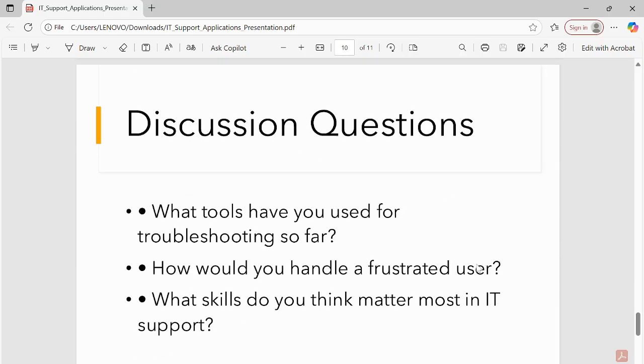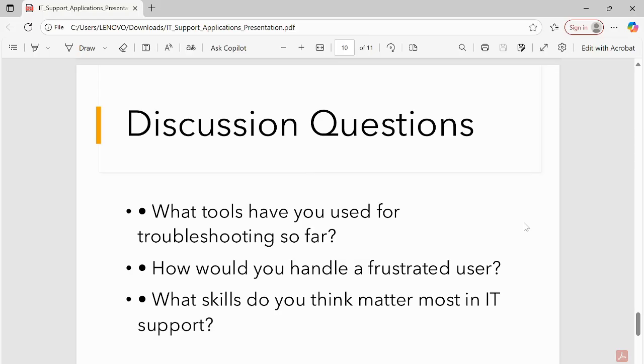So, discussion question. I would like, if you are working in IT support, or if you understood what I have discussed so far, to tell me what tools you have used for troubleshooting so far. And if not, you can comment on what I discussed. And how would you handle a frustrated user? Suppose users are very frustrated. In that case, how would you handle it? You can just write in the comment.